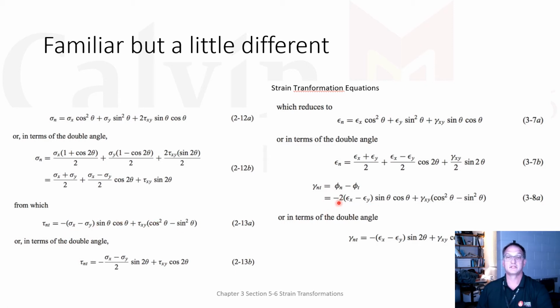And what that does is that if we divide this whole equation by 2, you get gamma, the shear strain, divided by 2 equal to the negative difference of the normal strains times sine theta cosine theta, plus the shear strain over 2 term.